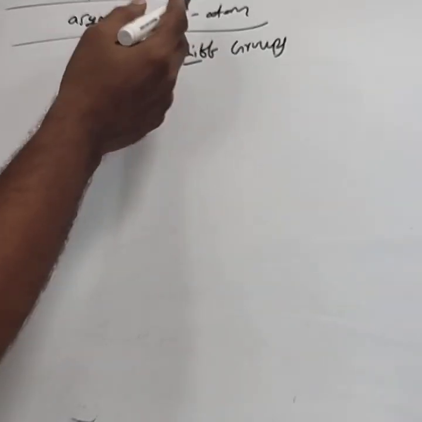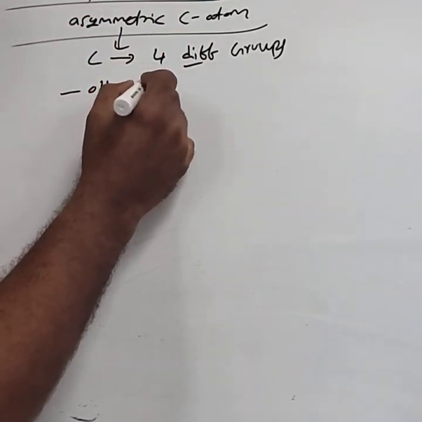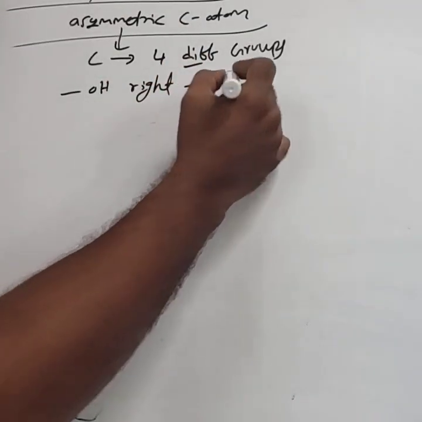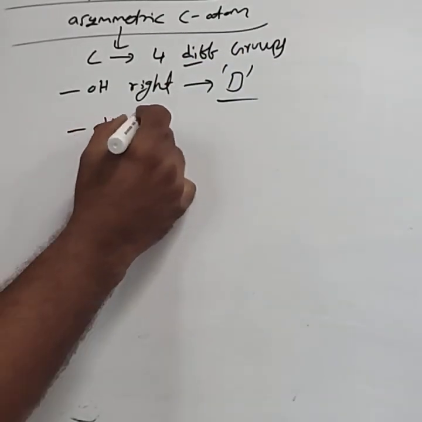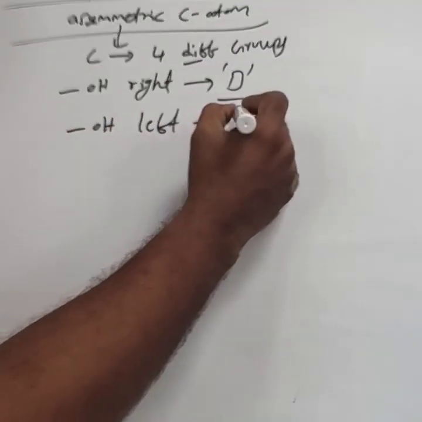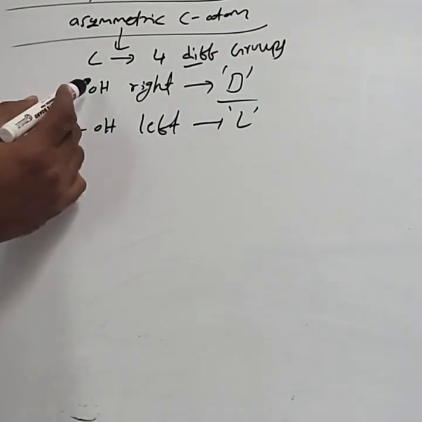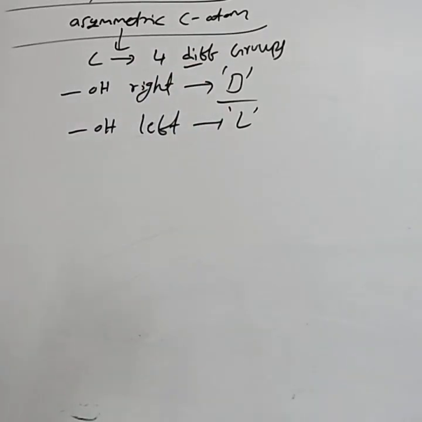On the asymmetric carbon atom, if OH is on the right hand side, then it is called D configuration, D notation. If the OH group is on the left hand side, then it is called L configuration, L notation.